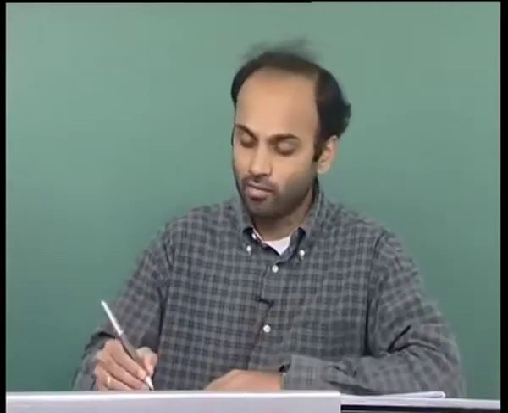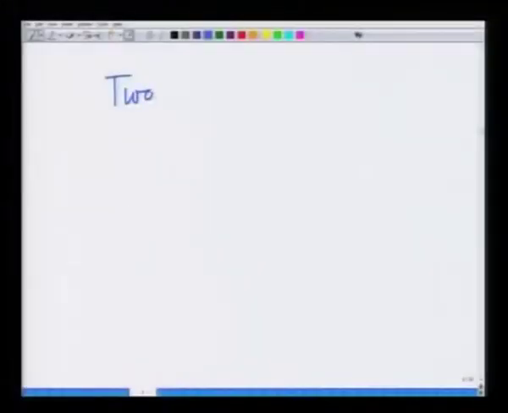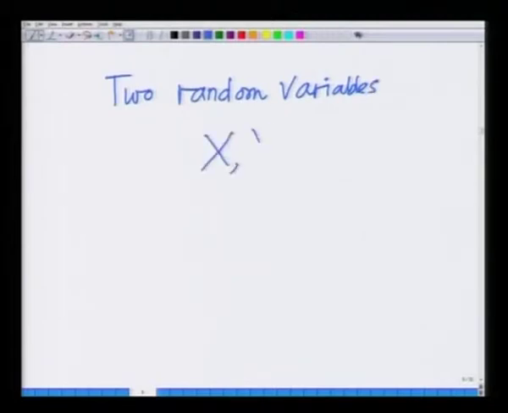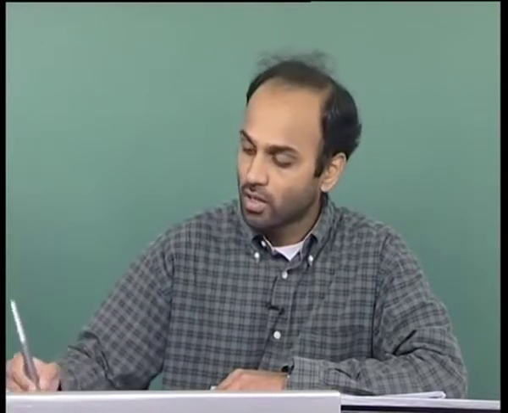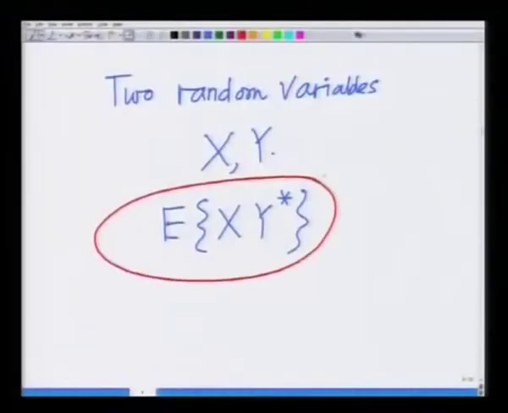Let us consider two random variables, x comma y. We know that the correlation is defined as expected x into y conjugate, this is the correlation. This is a measure of how similar or dissimilar these random variables are.